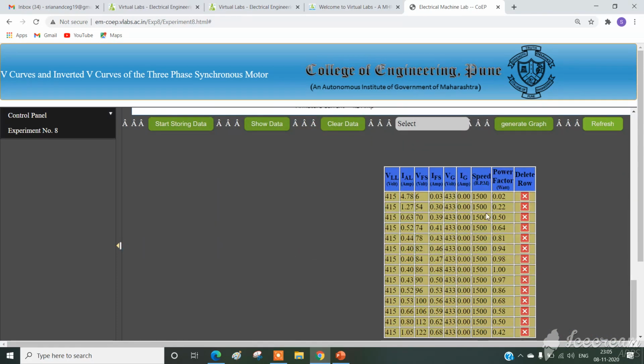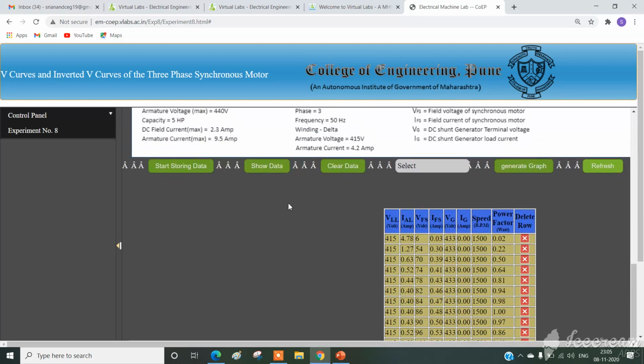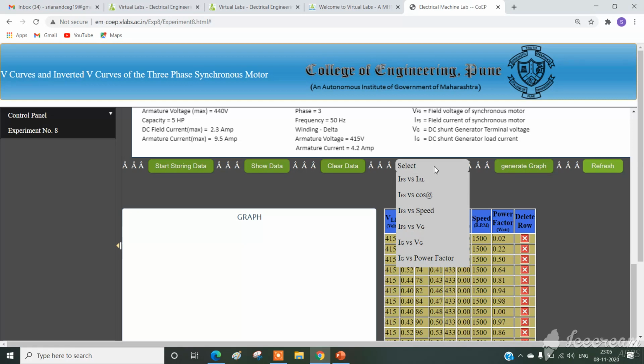So now we need to plot the graph. Here, generate graph. Now we need to select the parameter. First we need to plot the V curve. The V curve we already know: along the x-axis we have field current and on the y-axis we have the armature current.